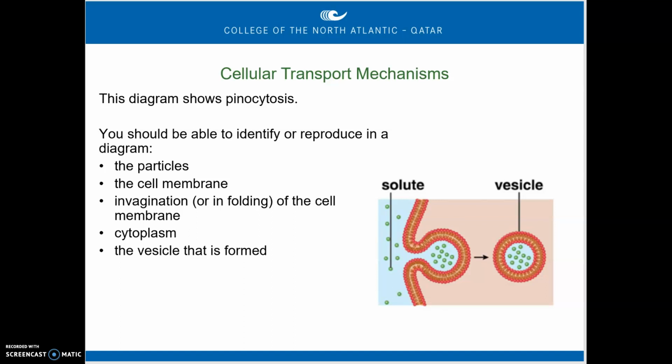Once the vesicle is inside, the cell membrane is closed again, so it maintains the protection and integrity of the cell. But we've got a membrane-bound vesicle inside the cell with raw material in it, and it can use that for some type of reaction later down the road.